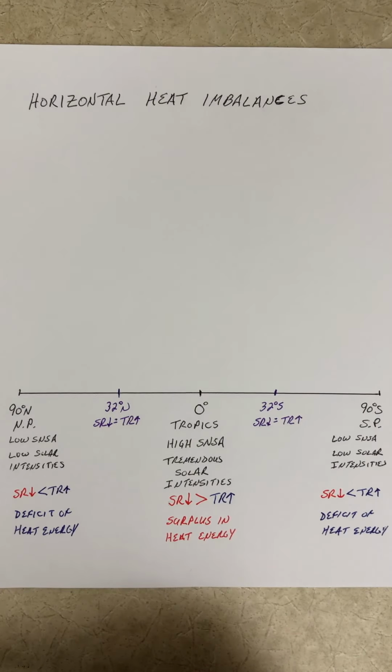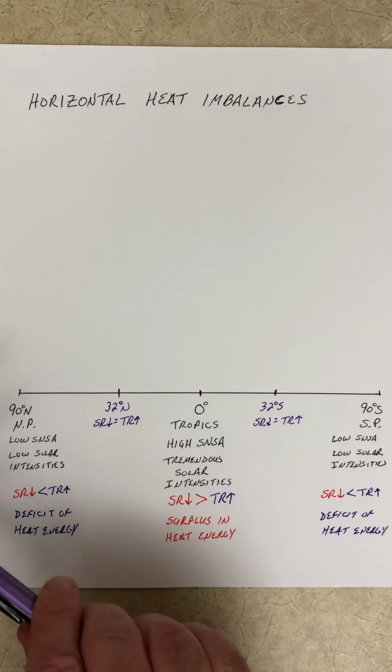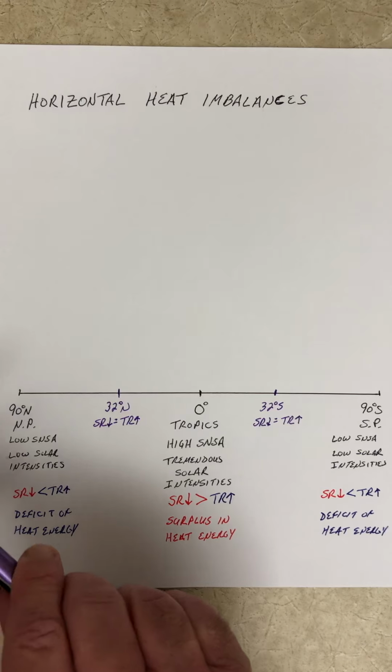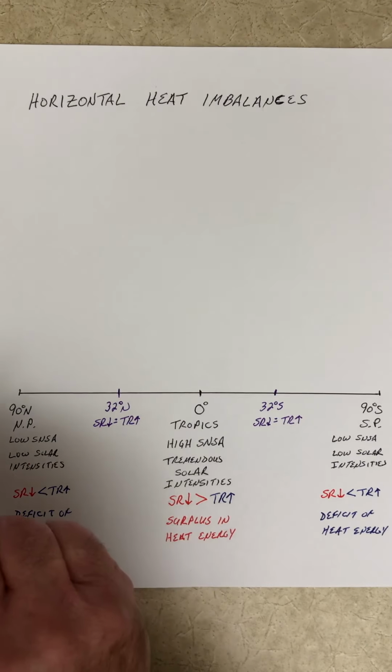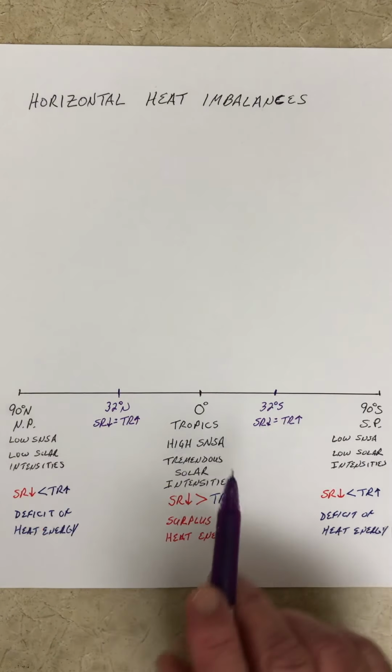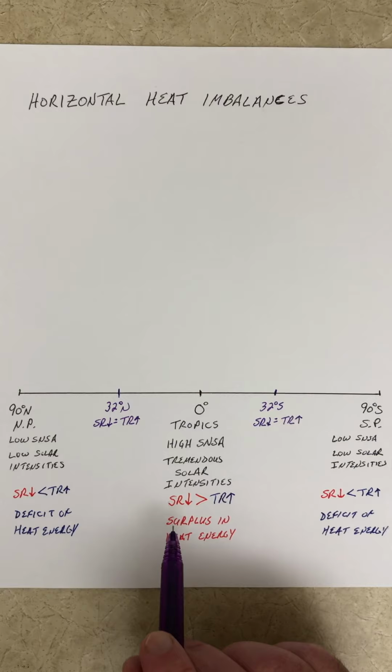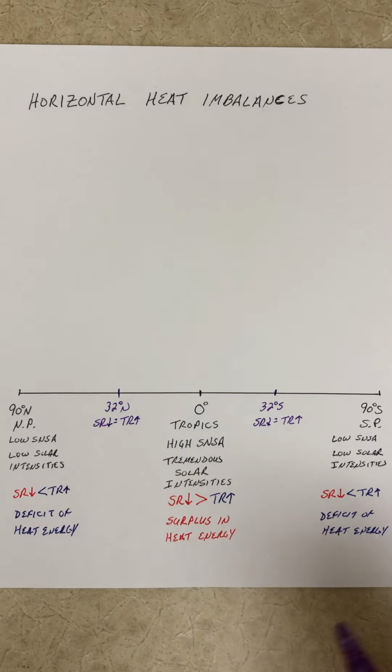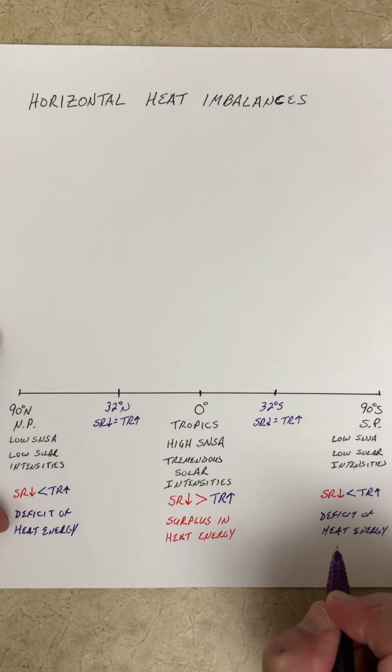That was a big surprise. But places like Phoenix, Arizona, Mobile, Alabama, Dallas, Texas, Los Angeles, California are right around 32 degrees north latitude. Those are places that have a balance of incoming solar radiation and outgoing terrestrial radiation.